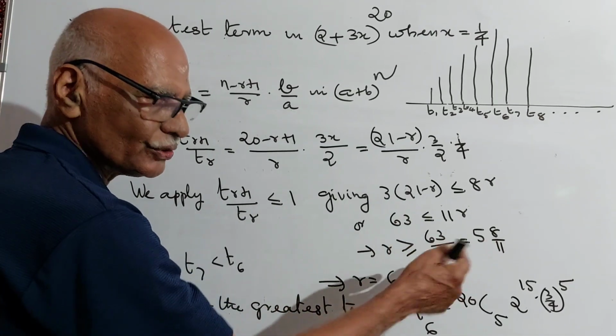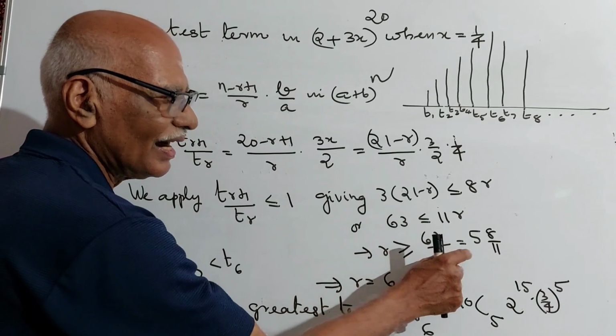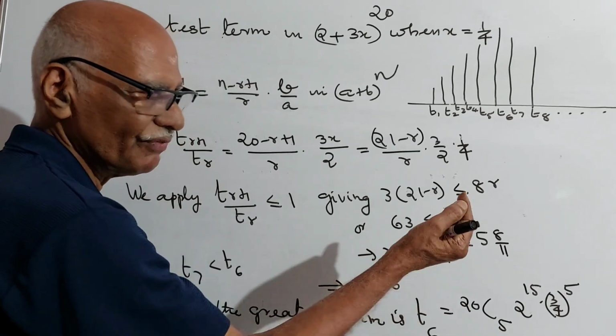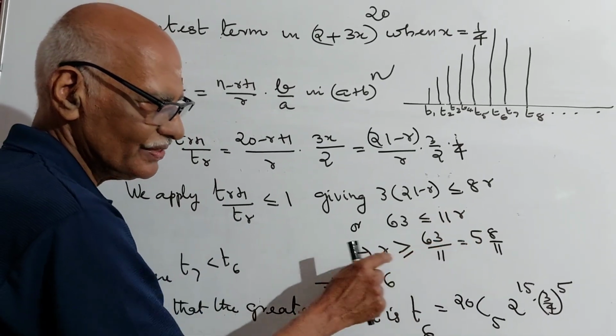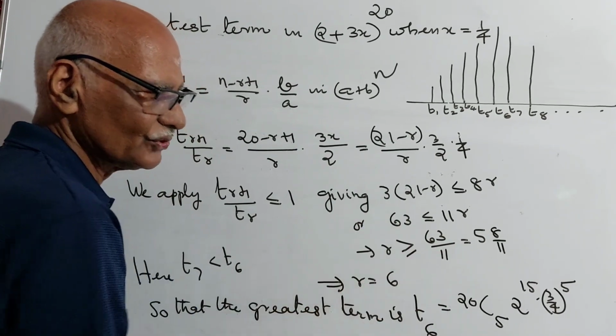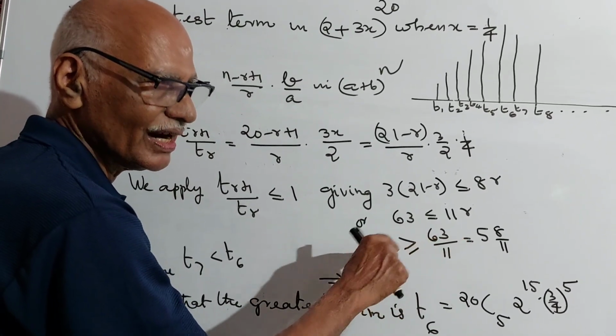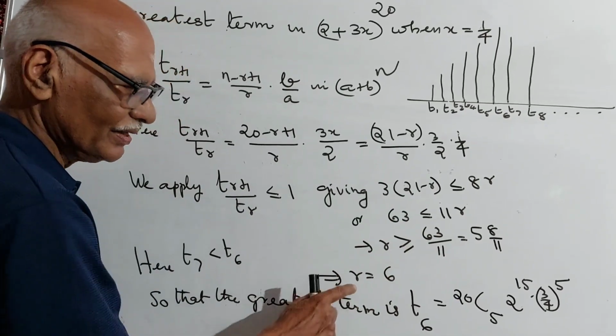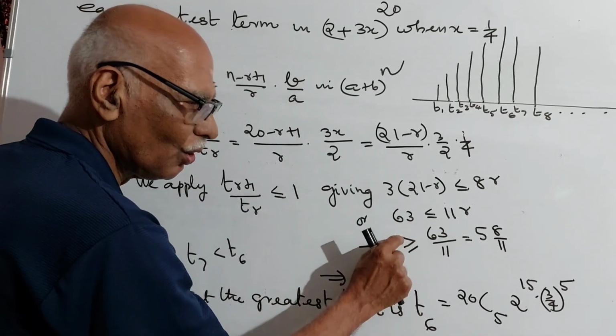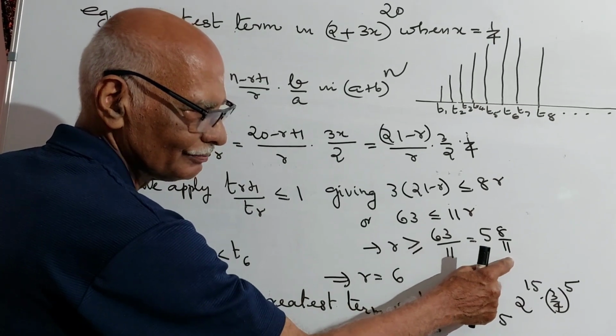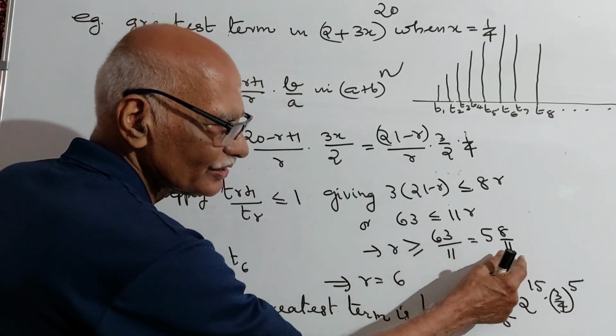Now some situations will come when r is greater than or equal to some fixed number. That means r can take that value also. So if r is greater than or equal to 7, we can say r = 7 is also possible. Now here, strictly r is more than this number, and r cannot be equal to this fraction.